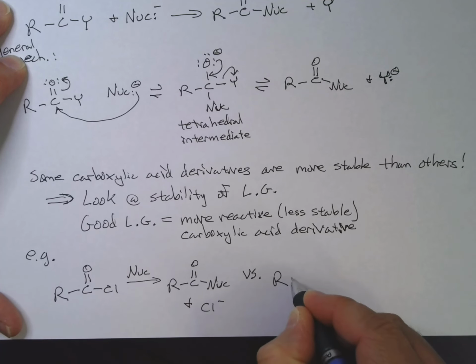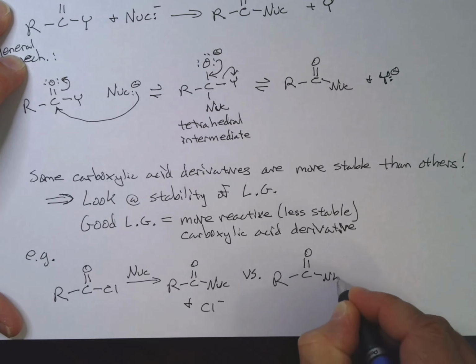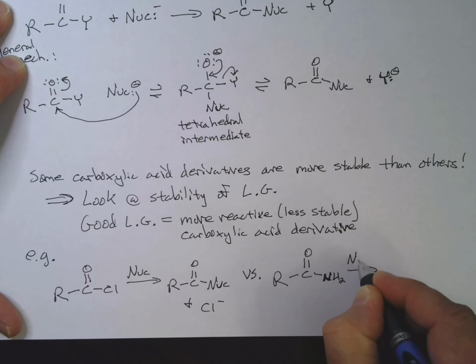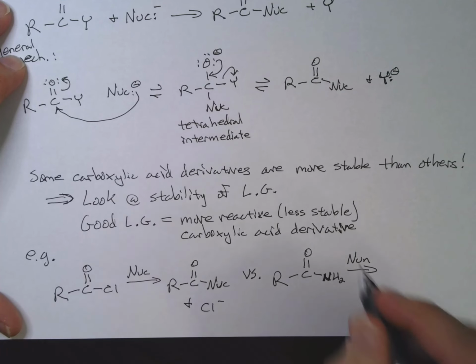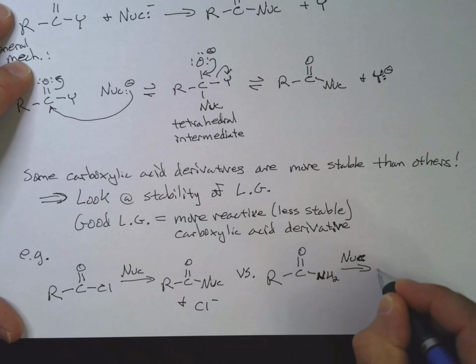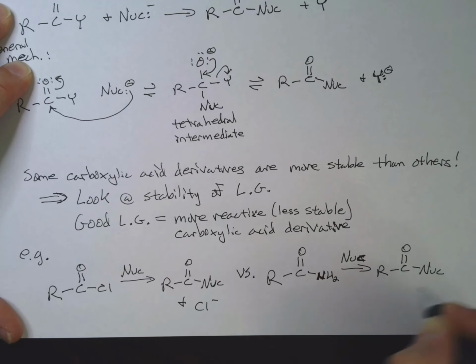Let's compare this to the other end of the spectrum here, where we have an amide, and if we were to do nucleophilic acyl substitution, we get an NH2 minus.